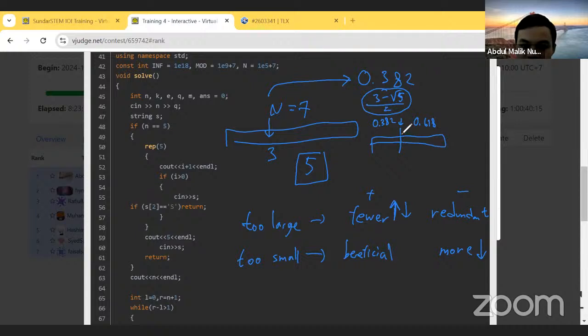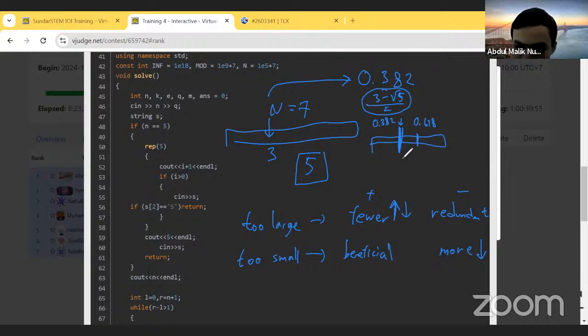So that if the response is too large, then we get fewer answers, so it should make the query smaller.